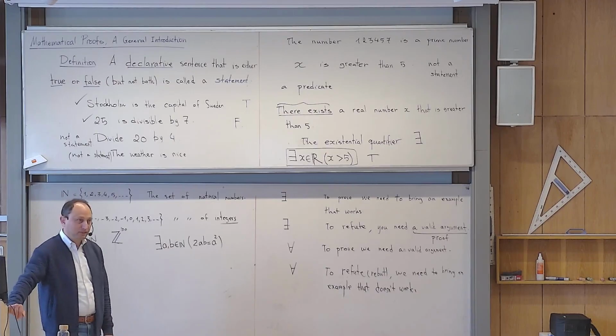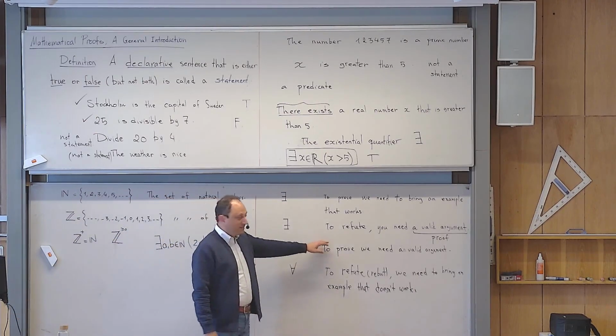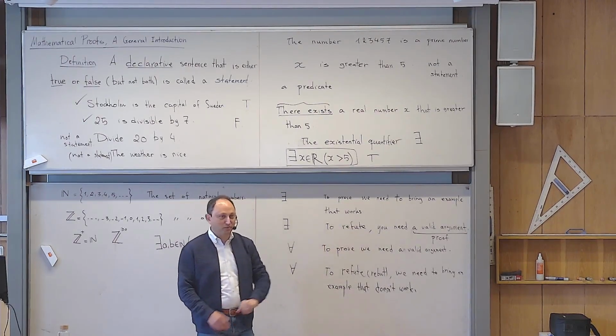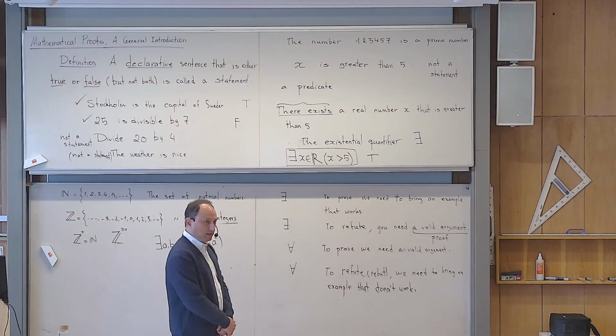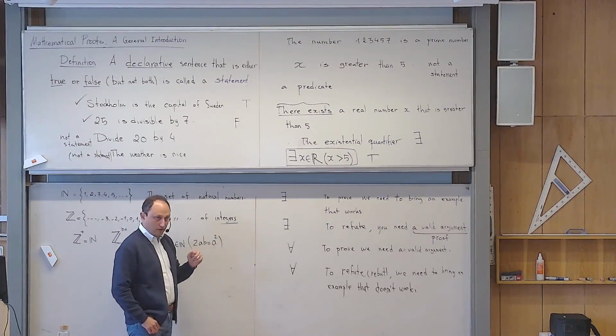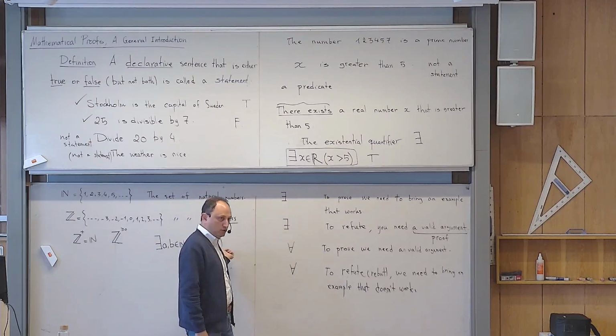Yes? It's false. So you want to refute it, yes? Then you have a harder work to do. You have to have a valid argument. So when you say it is false, it means you want to refute it. You want to say it is not correct.